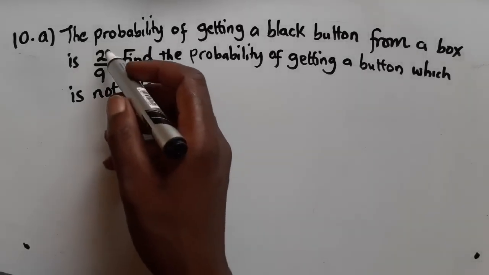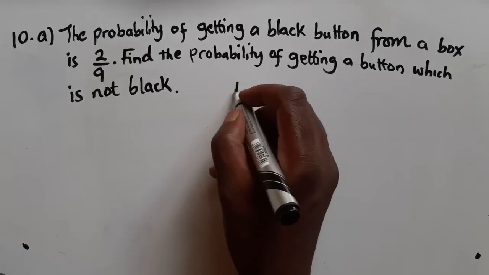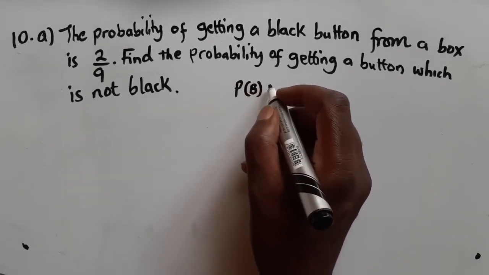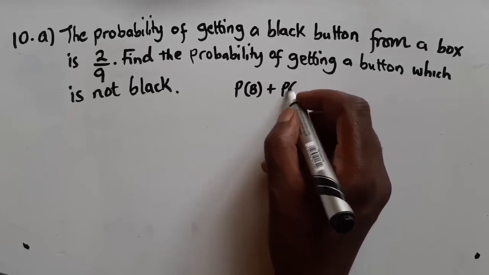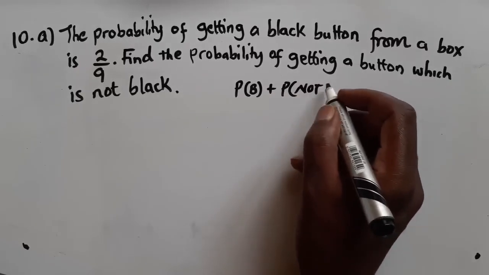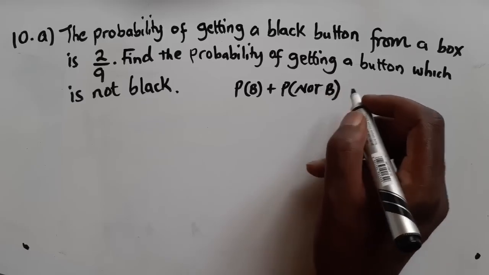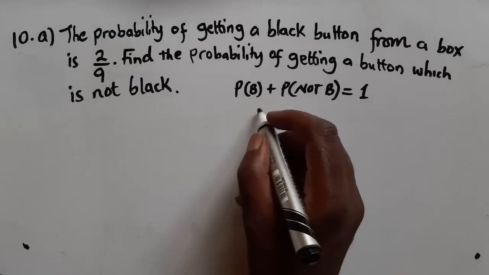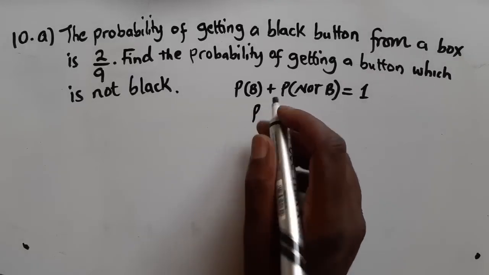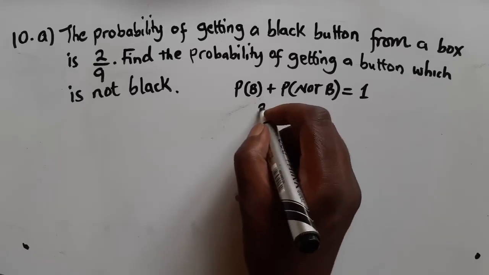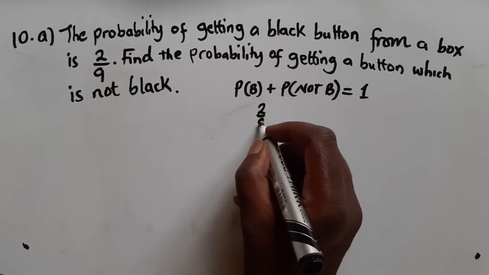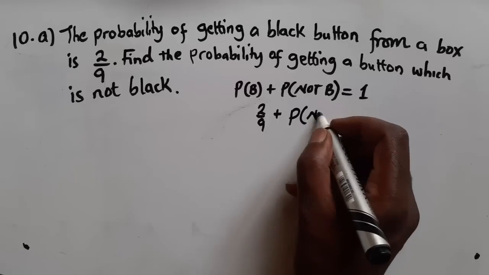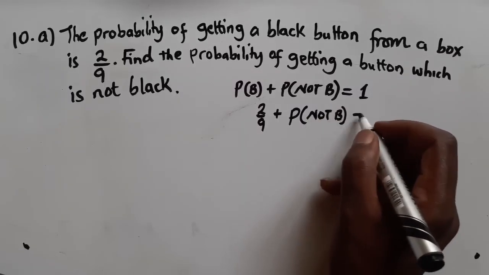The probability of getting a black button plus the probability of getting a button which is not black must give us 1. Okay? So if the probability of getting a black button is 2/9, then what is the probability of getting a button which is not black?